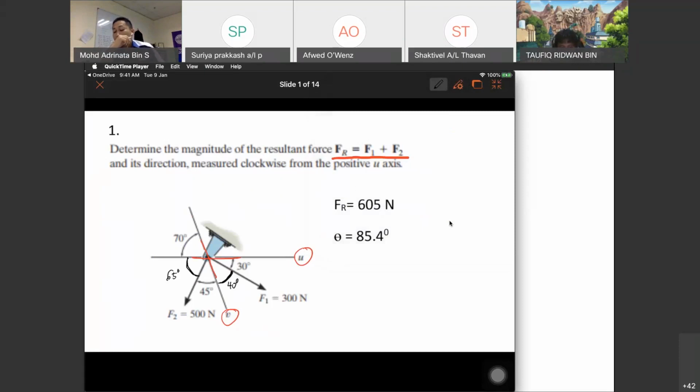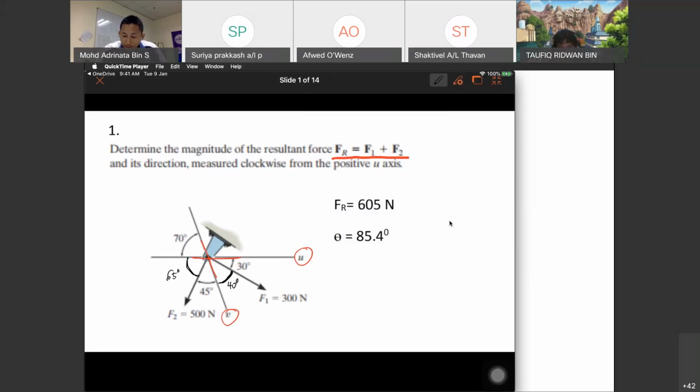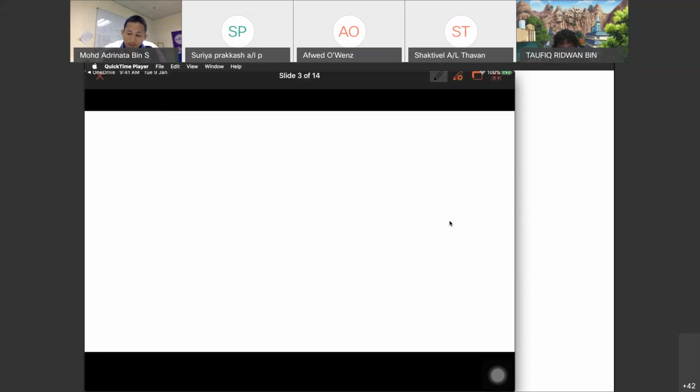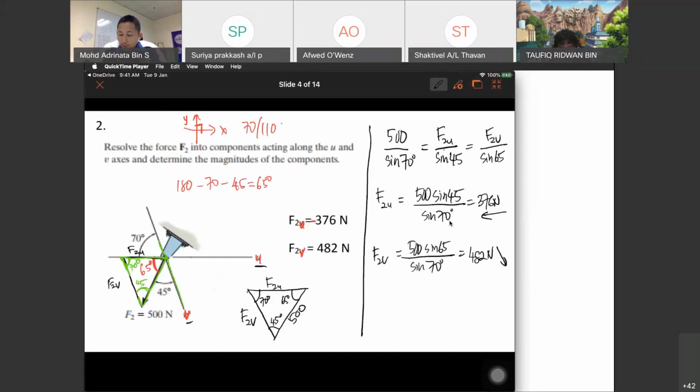Okay. I ajar you yang susah dulu lah. So we got our F2, F2U and F2V. Okay, we have got our F2U and F2V. F2U is 376 Newton. F2V is 482 Newton.